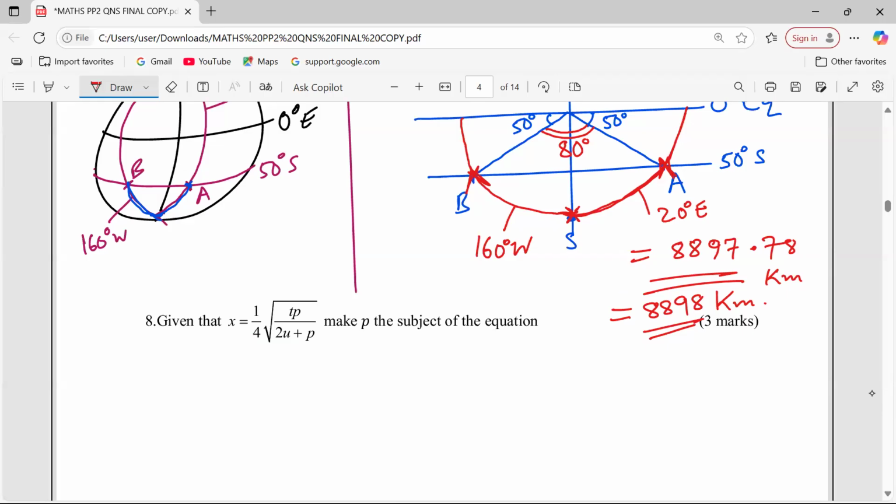Look at number 8, an interesting question on changing the subject of a formula.